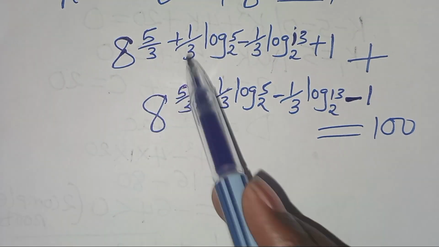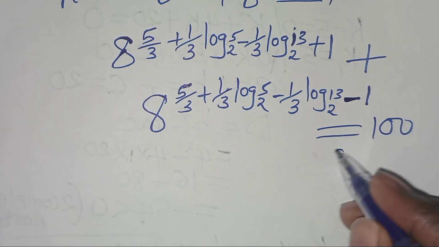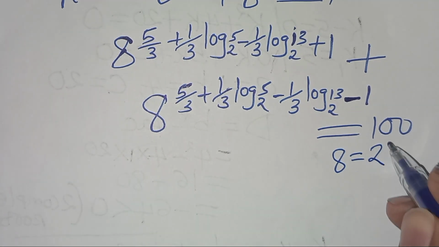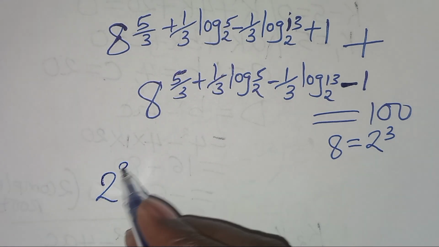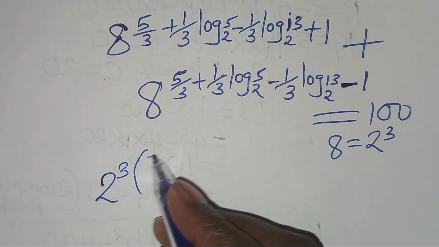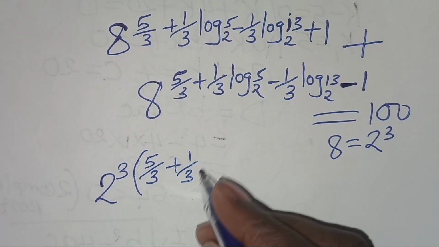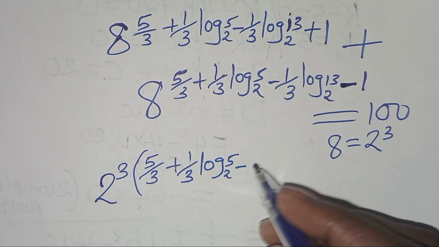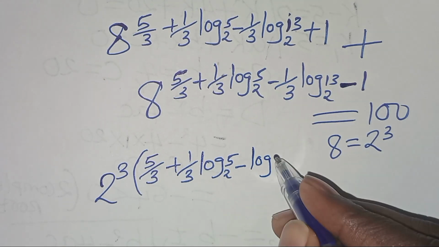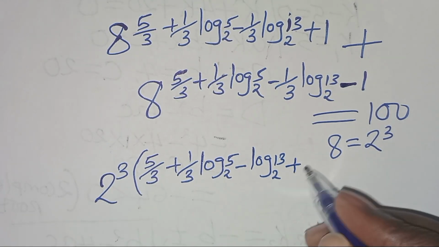Now from what we have here, we can express 8 as 2 to the power 3. So here we'll have 2 to the power 3 into the parentheses 5 over 3 plus 1 over 3 log 5 to base 2, subtract log 13 to base 2, plus 1.